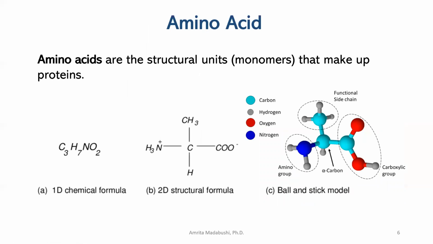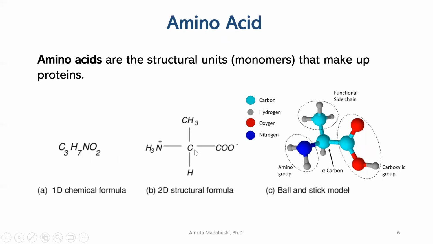When we talk about amino acids, we have talked a little bit about some of these functional groups in module 1, so it's nice to take a look again. Let's start with the 2D structural formula, because that seems the most comfortable and convenient to visualize.